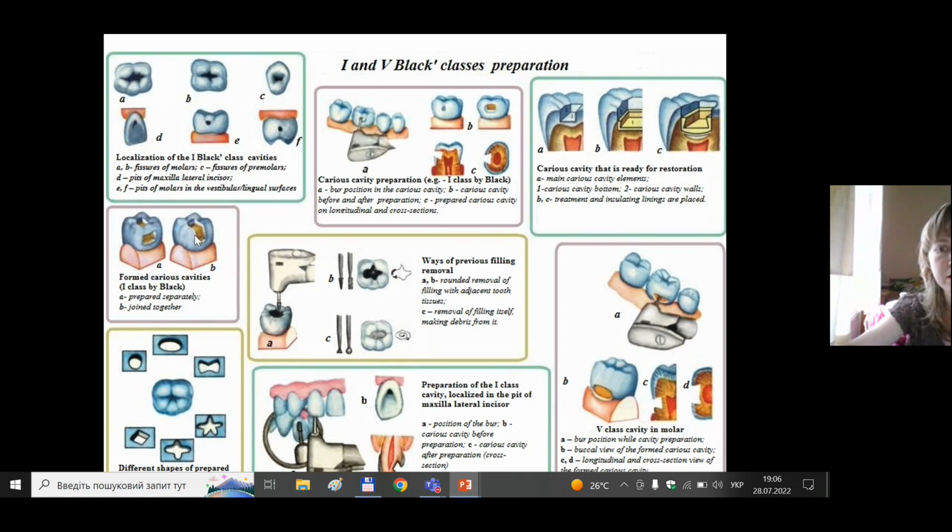In the first class, it is straight, but in the fifth class, it is convex, because it should resemble the pulp chamber, as in the cervical area, dentine is thinner than at the equator of the tooth or occlusal surface, and in the fifth class by Black, there is a possibility of perforation of the pulp chamber. That's why the bottom should be convex.